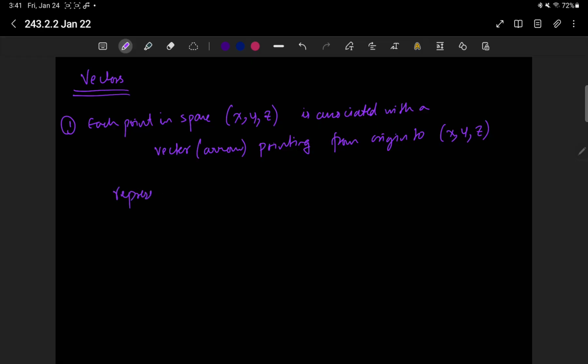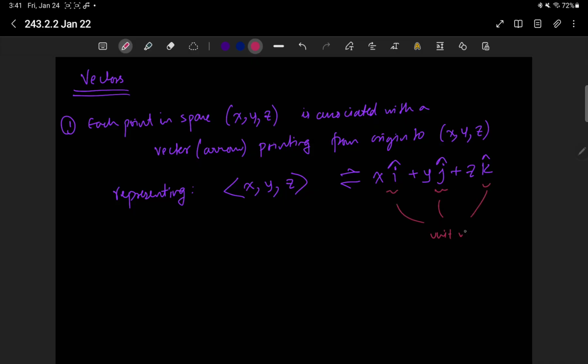There are two ways of representing it. One is using angular brackets, and what this really means is x i cap plus y j cap plus z k cap, where recall that these are simply the unit vectors in each direction.